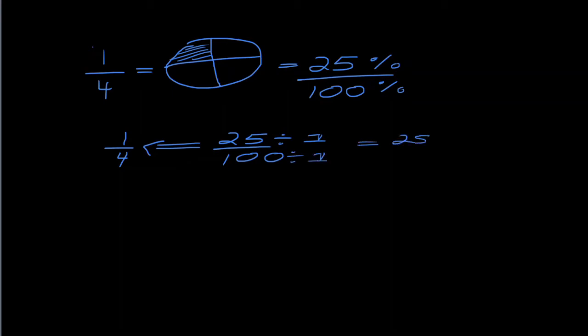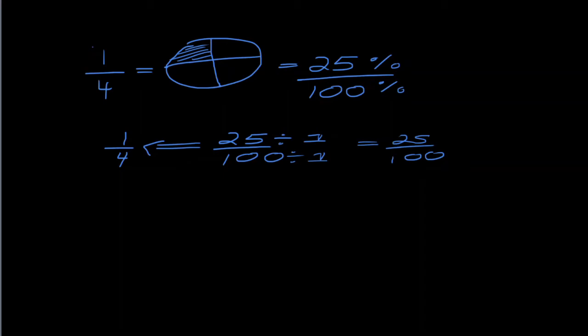Can we do 2 and make it a whole number? No, because you would get 12.5 over 50, which is not something we want. Can we do 3? Well, 25 divided by 3 is also not a whole number, and 100 divided by 3 is 33.3 onwards, and that's not a whole number either.